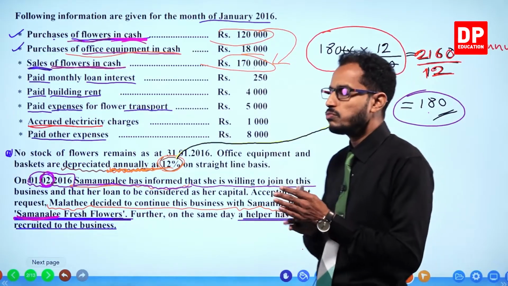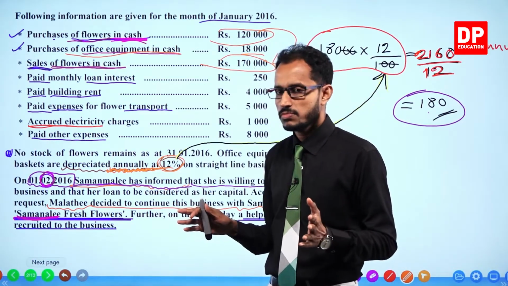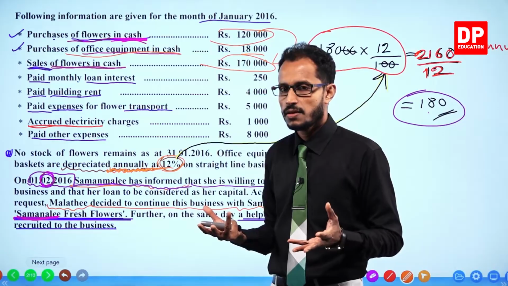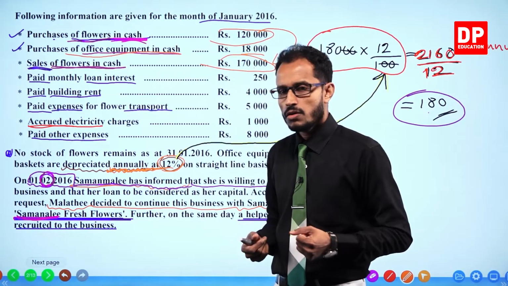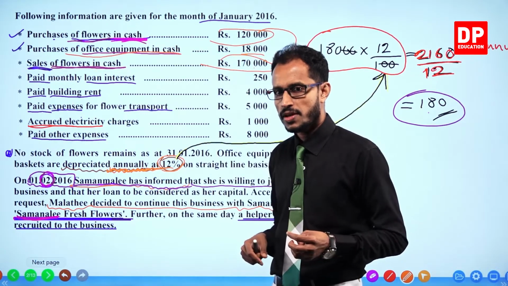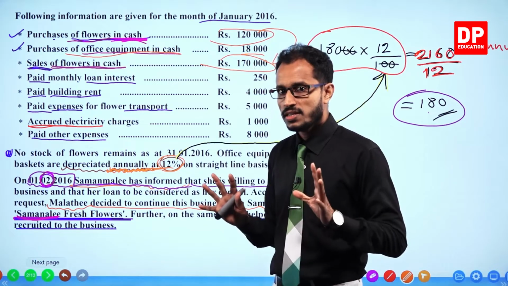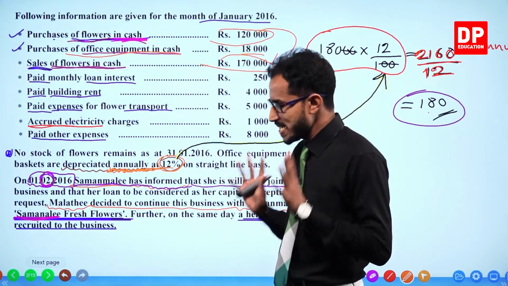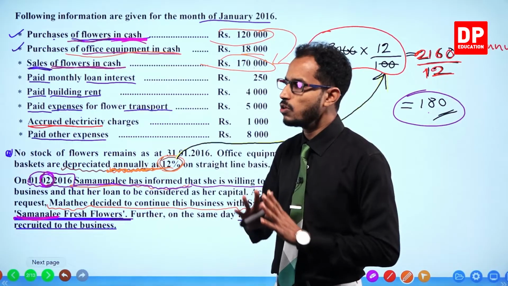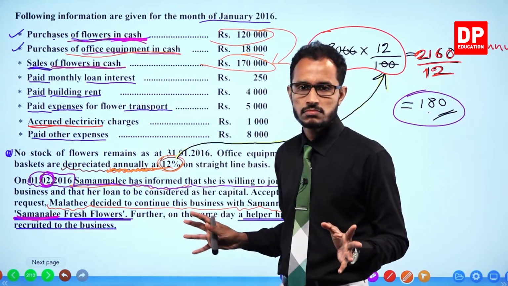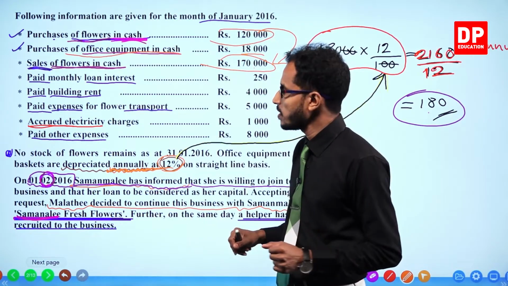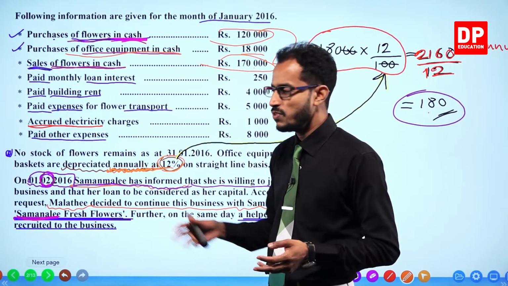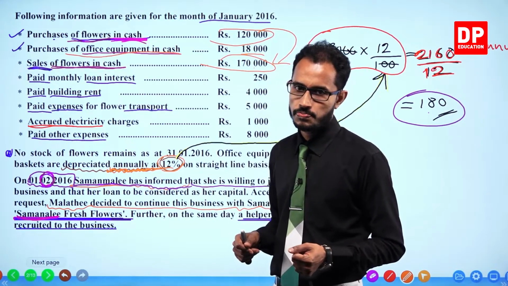Children, now you have to make it quick because you have to finish this question within the given time. The important thing is taking only the cash transactions. Do not go through the entire case. It's a waste of time. You will not be able to finish the question.